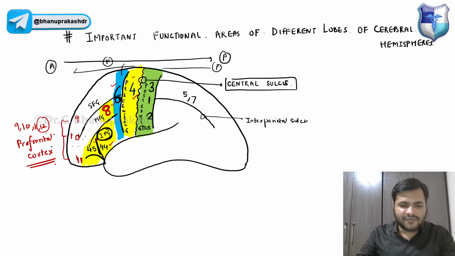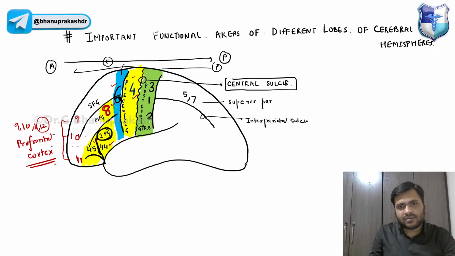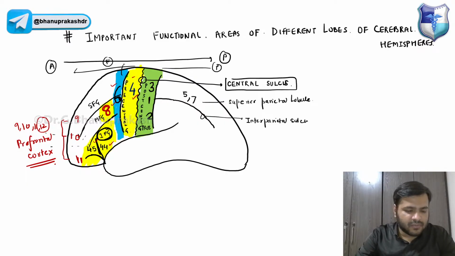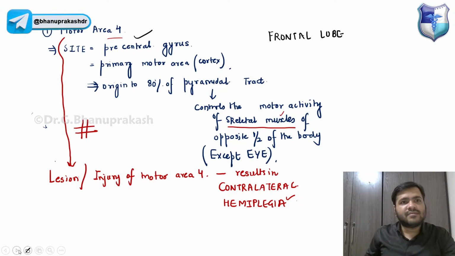I'm waiting for your answers, and you already know the answer, guys. Yes, areas 5 and 7 are located in the superior parietal lobule, and that is the somatosensory association cortex. Let us write this down.